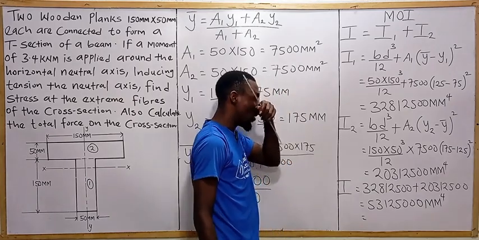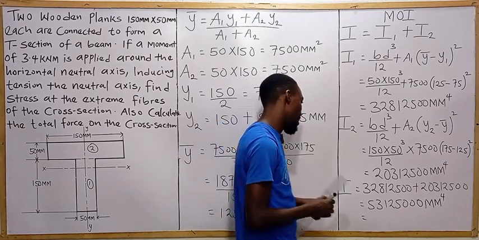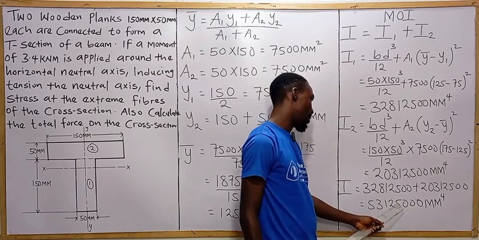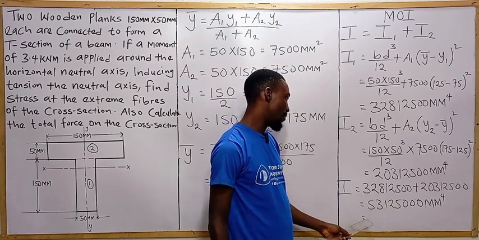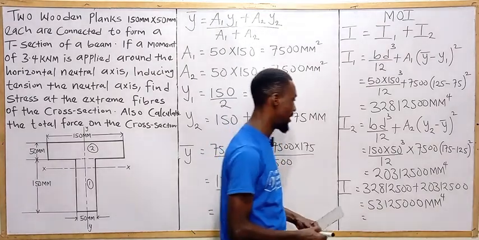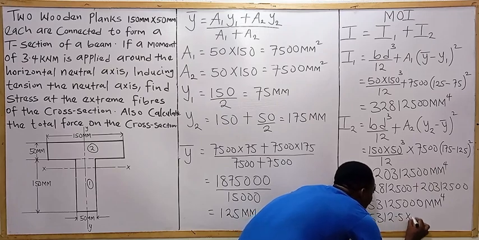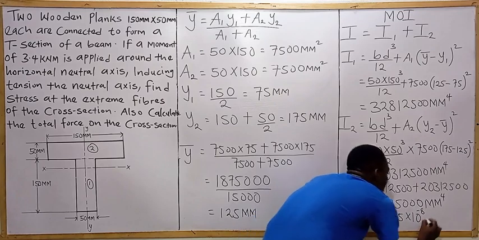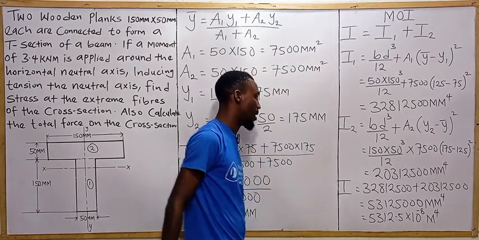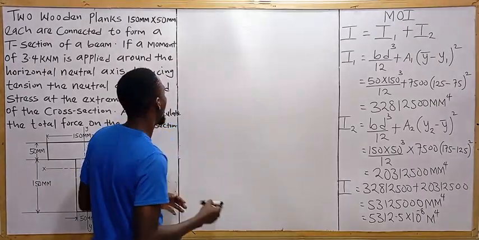For us to do that, we are going to have this to be 5312.5 times 10 to the power of minus 8 m to the power of 4. So that is what we are going to have. All right, so now let's start with the first question.